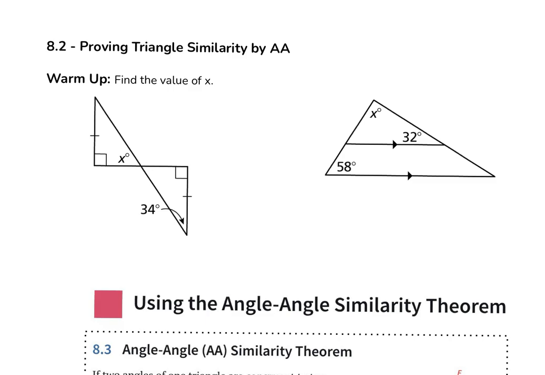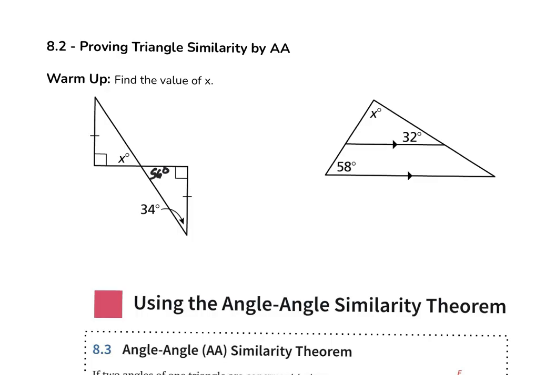And what's the angle measure here? 90. Here's 34, right? So these two we know. We're trying to find the third. There's only three angles in a triangle. So 180 minus 90 minus 34 would give us what? 56. Okay, so this angle here is 56 degrees.